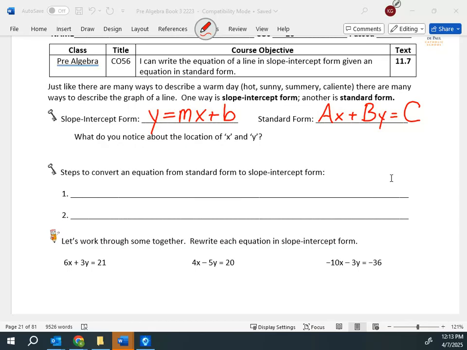Beckett? X and y are in the equation for the standard form, and the y is like what it equals. So the whole thing is the equation, but the x and the y are on the same side of the equal sign in the standard form, and they're on opposite sides in the slope-intercept form. So underneath the slope-intercept, we would put opposite sides of the equal sign.